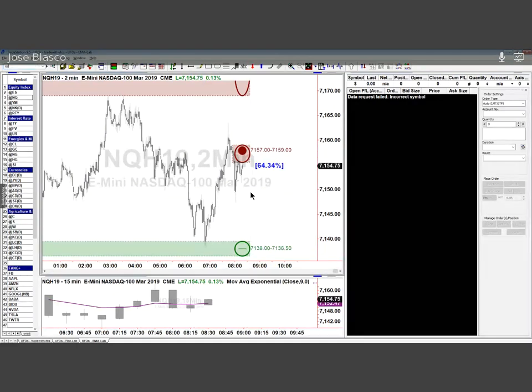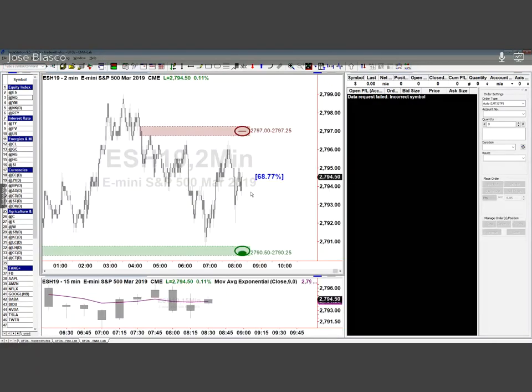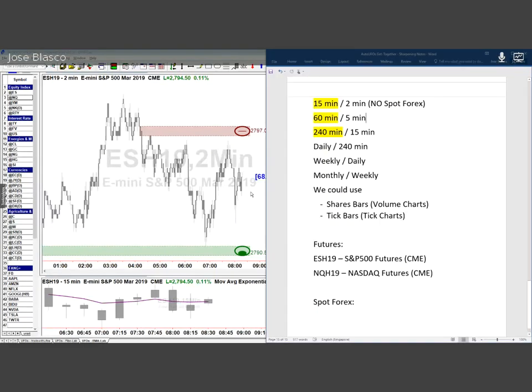So what I'm going to do is, before I change timeframes, I'm going to change symbol to ES1, ESH19, which is the S&P 500 futures. Okay, and remember the set of timeframes that we are looking at here. I just applied it to the NQH19. I am now applying it to the ESH19, and we have a similar reading when it comes to the trend condition.